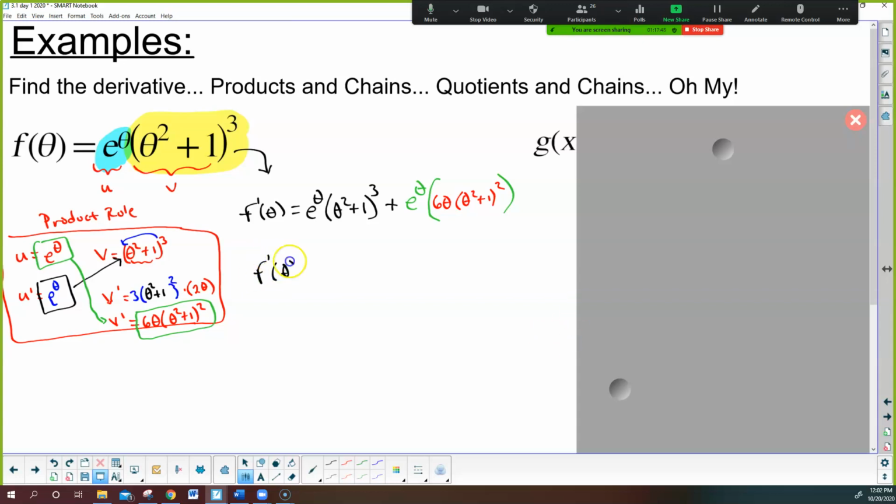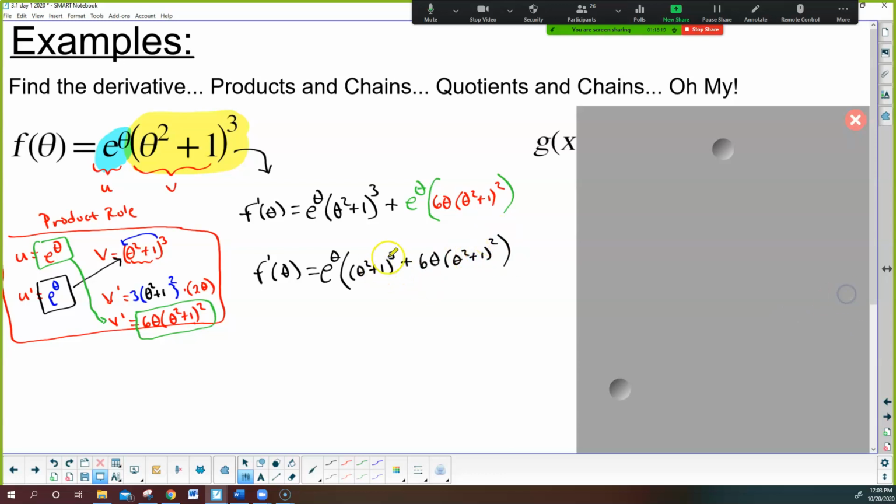So let's take this e to the x and this e to the x and pull it out. I should say e to theta. And what's left over then is theta squared plus 1 to the third, that's this piece, plus a 6 theta squared plus 1 squared.